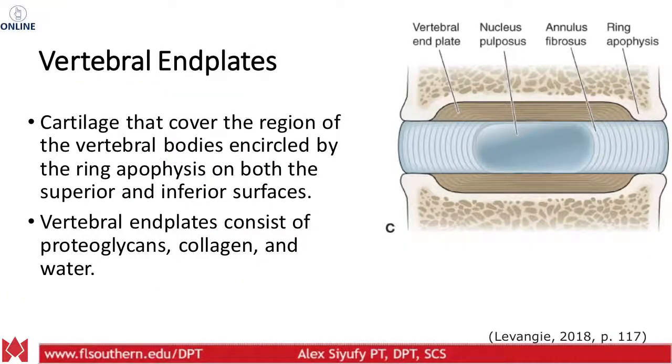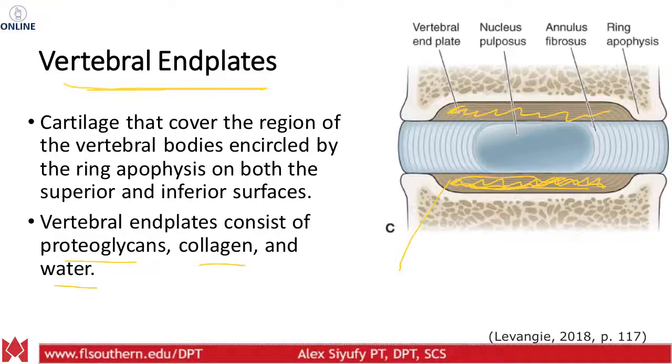And then the third part of the intervertebral disc would be the vertebral end plates. And you can see it's pictured there on each side. This diagram makes it look a little thick, but it's usually a little flatter. And just like the nucleus and the annulus, it's made up of three parts: water, collagen, and proteoglycans.